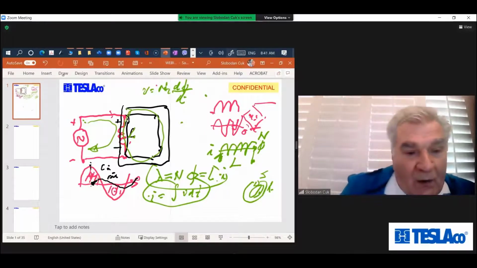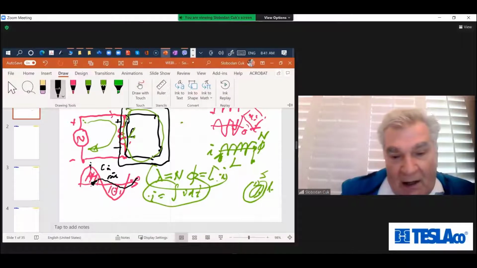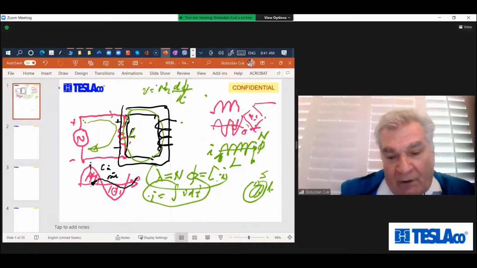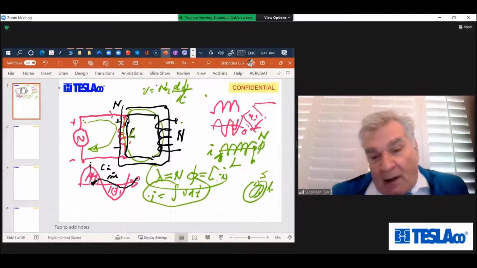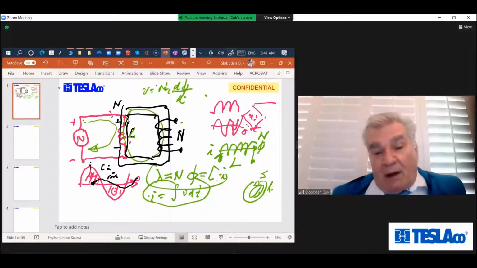If I put now on the secondary side another winding with the same number of turns, N, like it was here, I will replicate this voltage here. And of course, if there is no load put on this output, there'll be no difference.